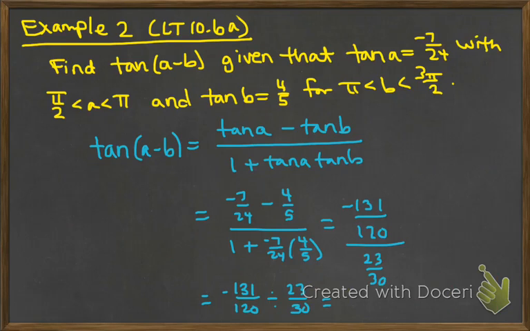So then I can leave, change, flip it. So 131 over 120 times 30 over 23. I can do some simplifying. 30 goes into 120 4 times and then multiply straight across. So I get 131 over 92. And there would be my exact answer for the tangent of A minus B.